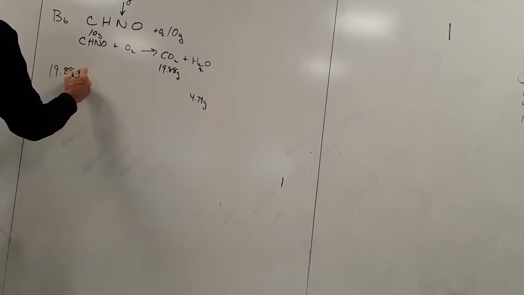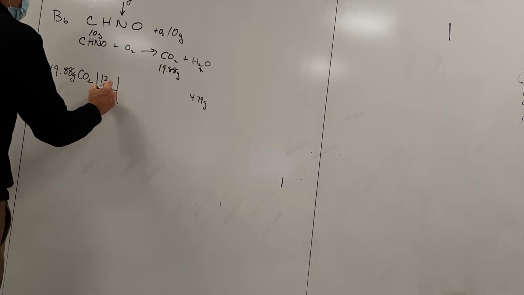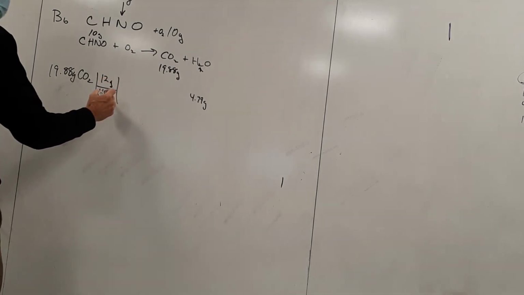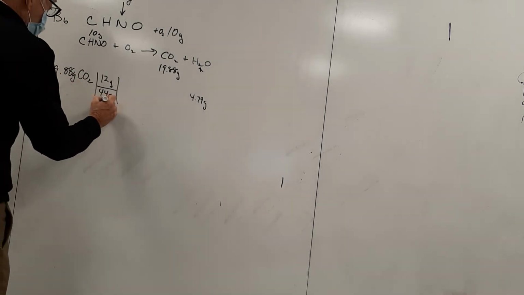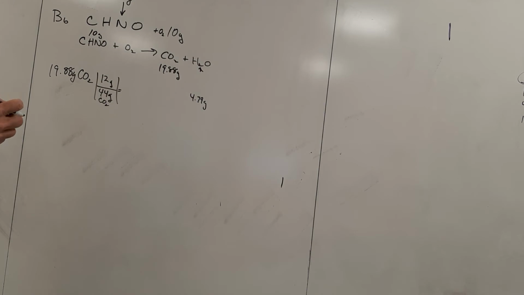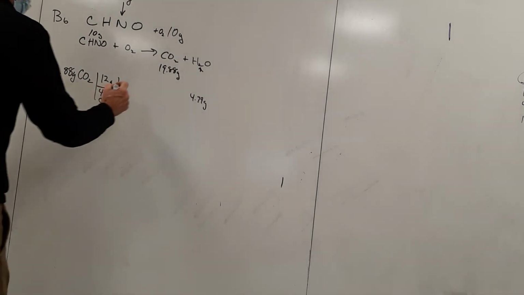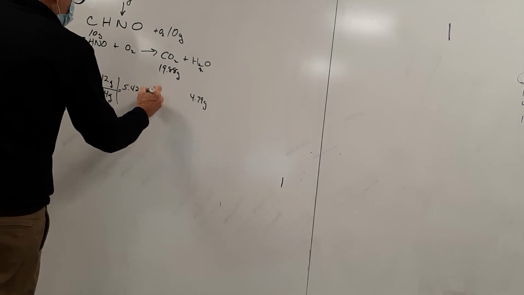19.88 grams of carbon dioxide, 12 grams of carbon per 44 grams of carbon dioxide, gives me 5.42 grams of carbon.